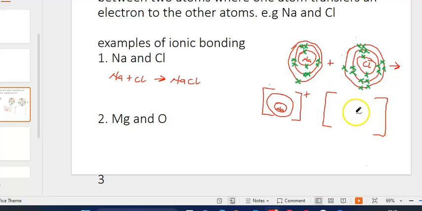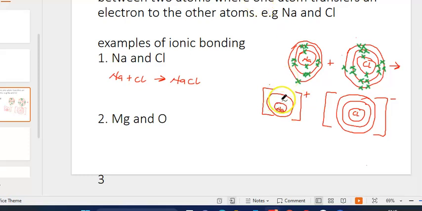Chlorine is going to maintain the shells, because it's only one electron, so we are going to maintain 3 shells. It is one electron that it is receiving for it to be stable, and since it is one electron that it is receiving, we are going to put a negative there to indicate that the number of electrons it has gained is 1.